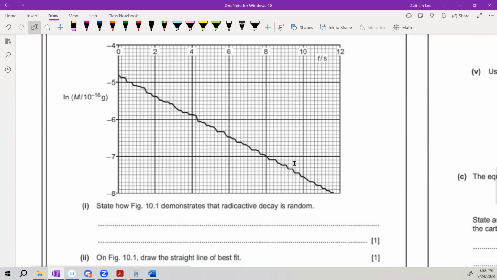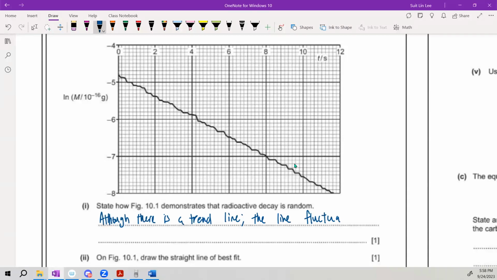Okay, so I can say that although there's a trend that is trending downwards, the line fluctuates. So it's the fluctuation that shows the random property. Sometimes suddenly there's a lot of decay, so there's a maximum point here. Sometimes suddenly the number of decays decreases, there's a minimum point here.